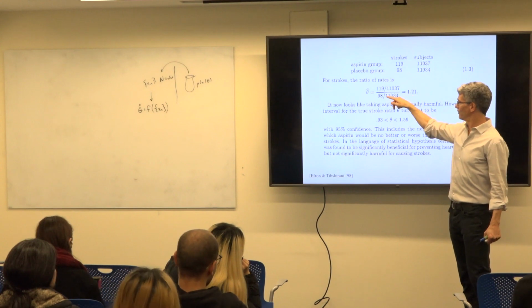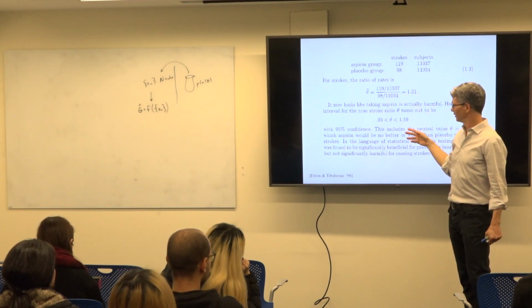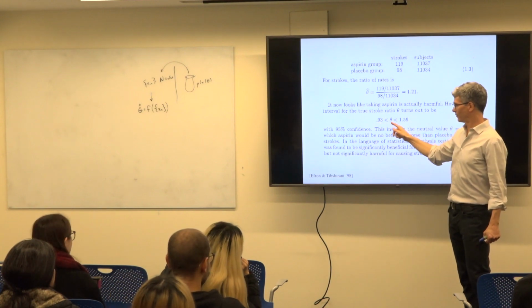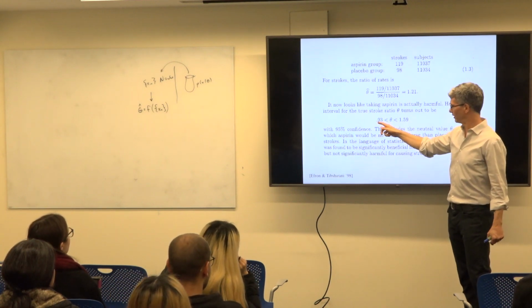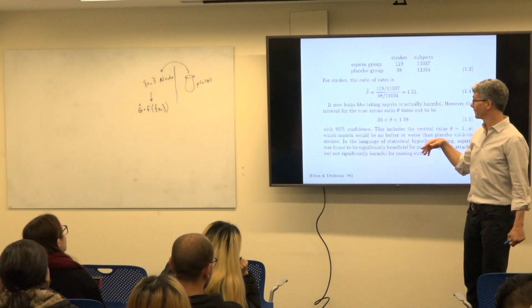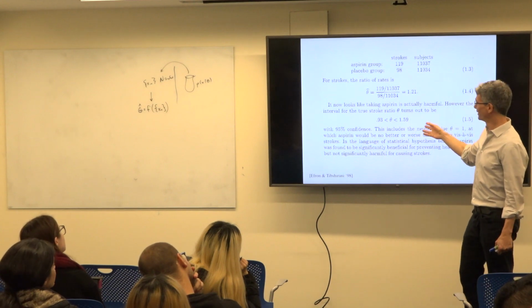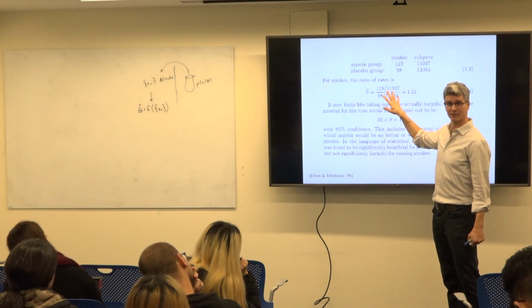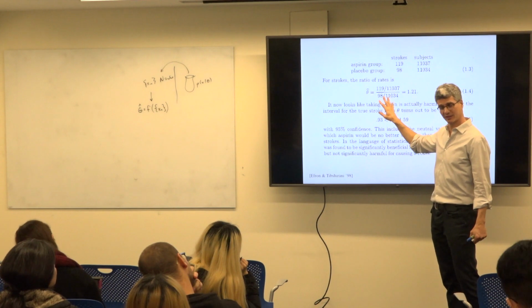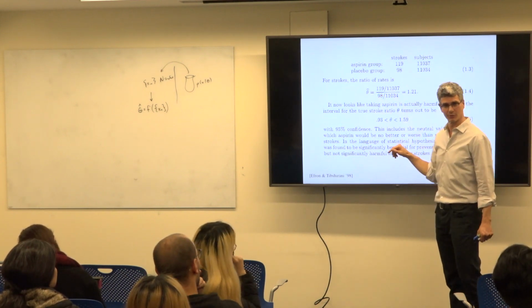Now the value comes out at 1.21, and when you do the bootstrapping to get the 95% confidence interval, you get that the true theta is supposed to be between 0.93 and 1.59. So now we see that 1 is included in the interval, so we can't really conclude that this is very effective for preventing strokes. It's very effective for preventing heart attacks. No evidence that it's effective for preventing strokes.